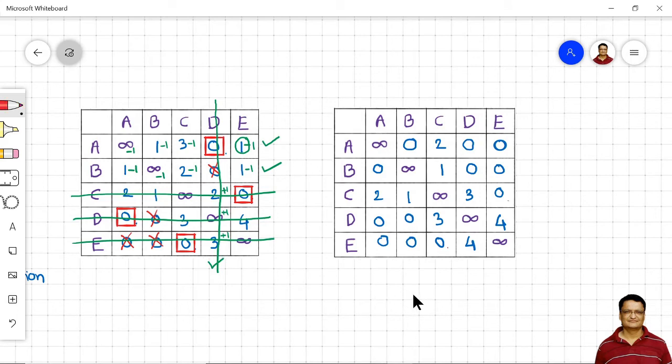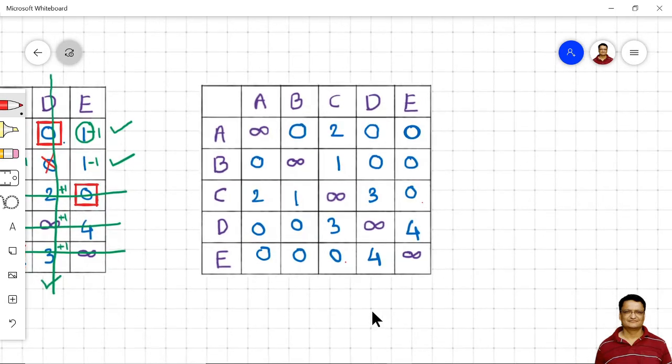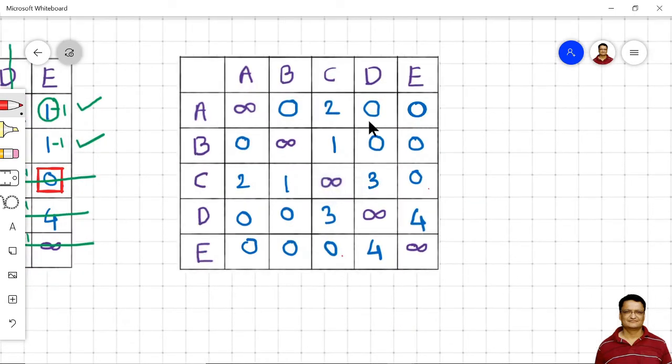Now we can make the allocations at this point. To make the allocation, scan the rows and identify the row which has only 1 0. This particular C row has only 1 0, so I will make my first allocation here, and I will cross out the zeros from that column.